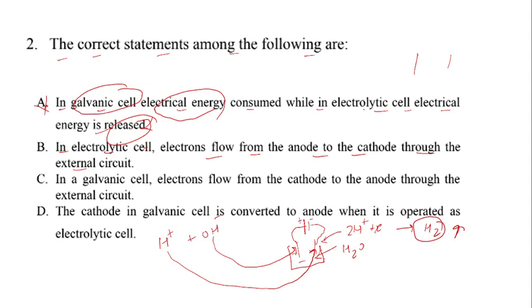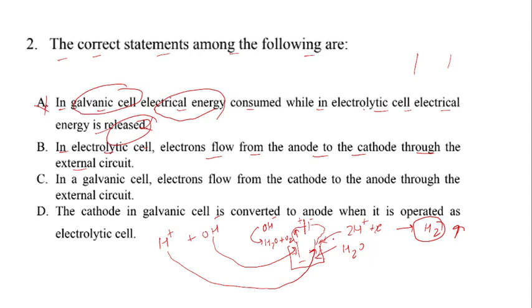And at the positive terminal, the OH minus ion will move toward here. It will lose electrons and make H2O plus oxygen. So oxygen will be released here at the positive electrode and hydrogen will be released at the negative. So this is all about the electrolytic cell.